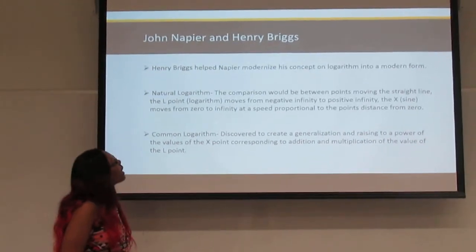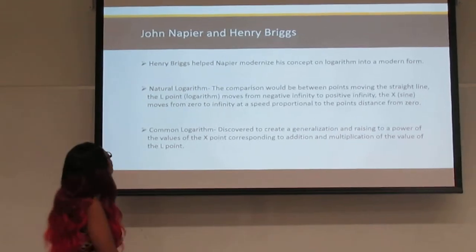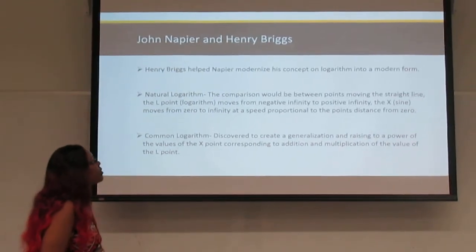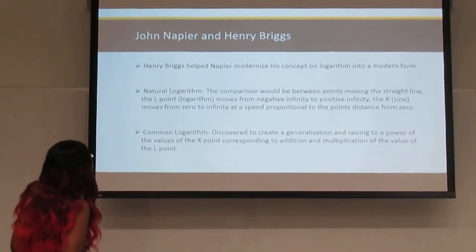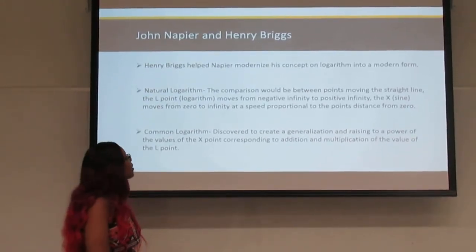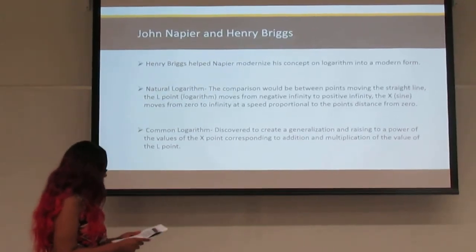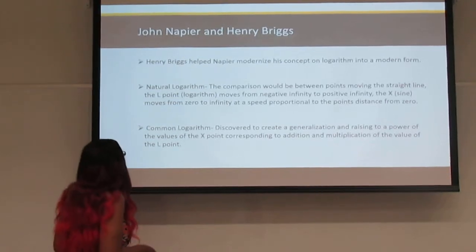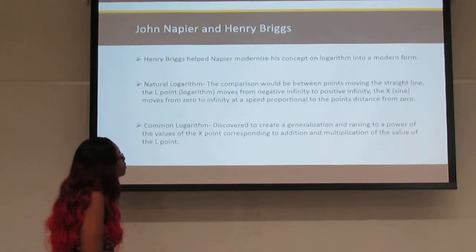John Kepler and Henry Briggs. Henry Briggs helped Kepler modernize this concept of logarithm into a modern form. Natural logarithm is something that they created together. The comparison would be between two points moving along a straight line. The L point, where L stands for logarithm, moves from negative infinity to positive infinity.